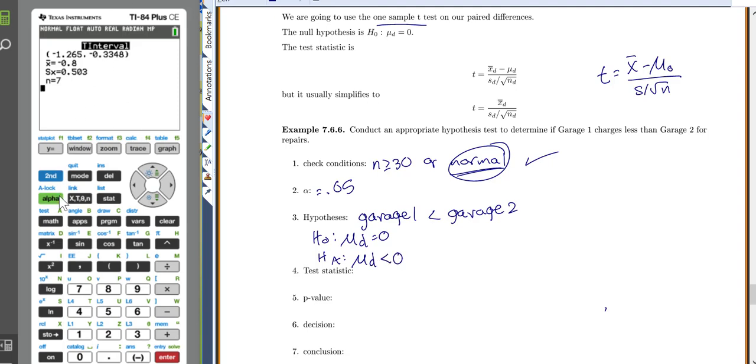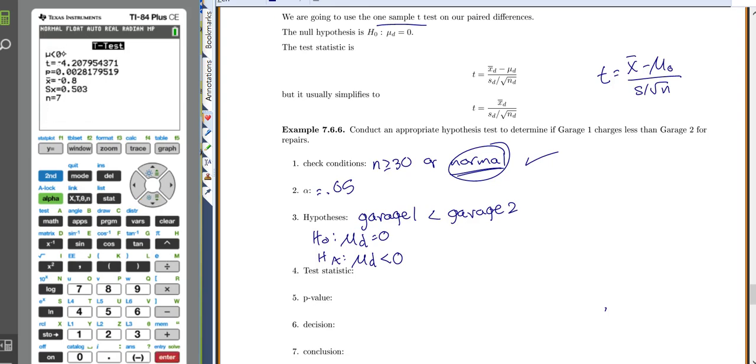At this point now, I break out my calculator. I'll go to stats, test. I just want a basic one sample t-test. The hypothesized mean is 0. Sample mean is negative 0.8. Sample standard deviation 0.503, n equals 7. Make sure you choose here that our mean is that we have a less than alternative, and you can either draw or calculate.